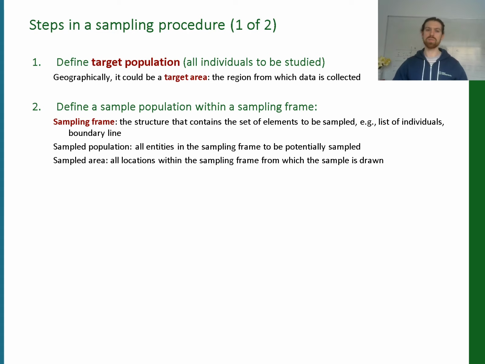So that's the frame, the total set of elements that could potentially be called upon in our sampling approach. The sampled population is essentially all entities within the sampling frame that could potentially be sampled, and the sampled area is just all those locations within the frame from which the sample could be drawn. Okay.